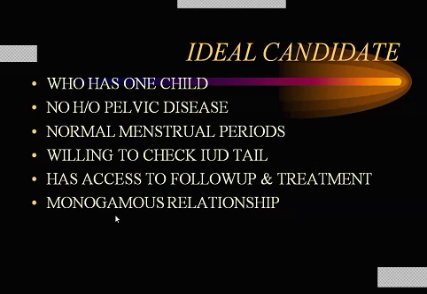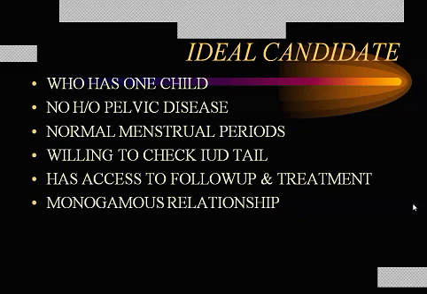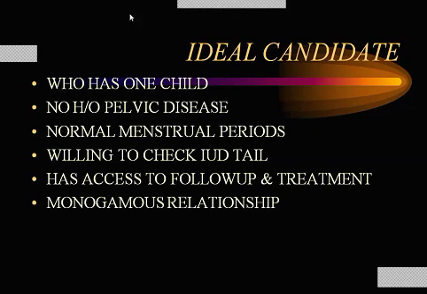For follow-up, she should have a health facility nearby. And also, if she develops any side effects, there should be treatment facilities. And a monogamous relationship. These are all the criteria to be fulfilled by a candidate who wants to have this IUD.